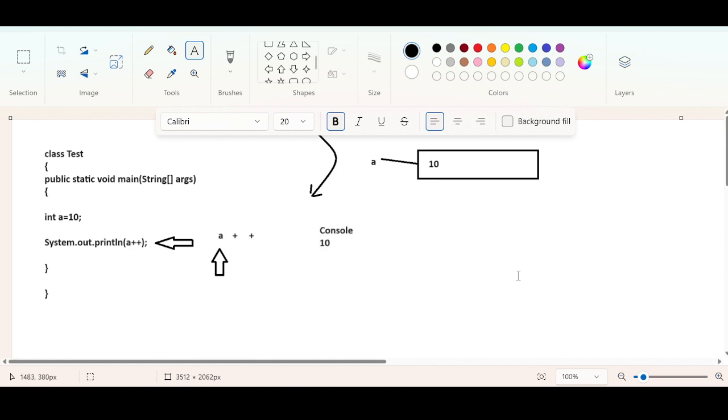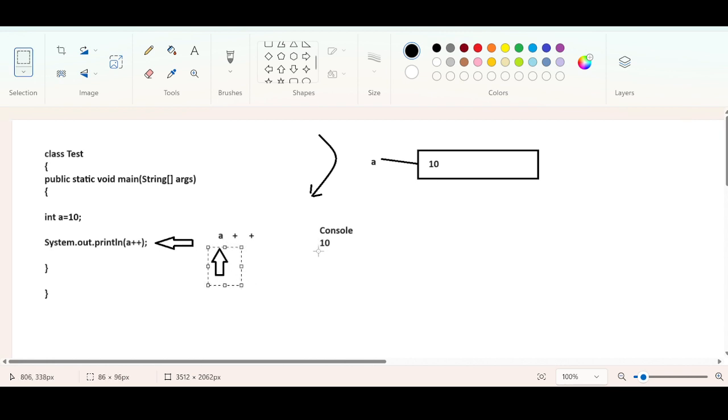But in memory, after displaying the value 10 to the console, it will perform the increment operation, which is adding 1 to a.